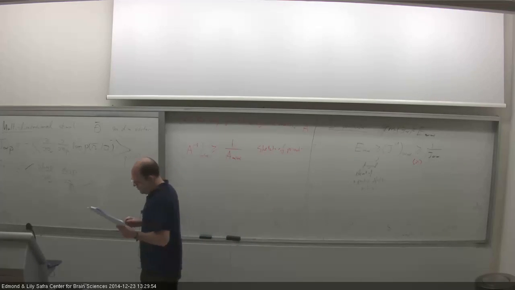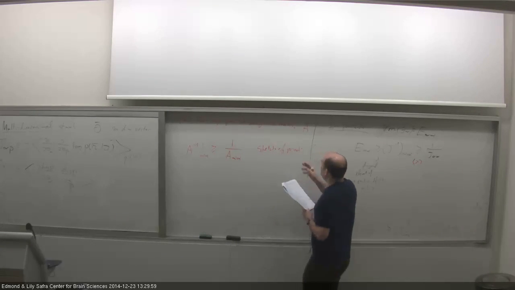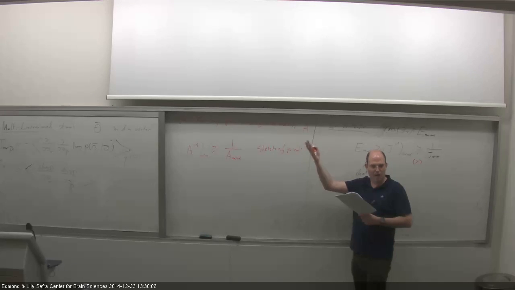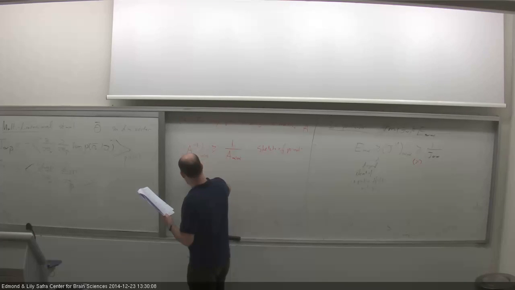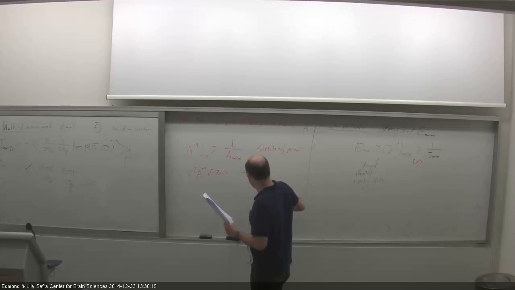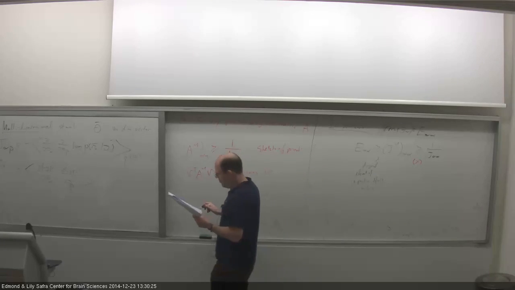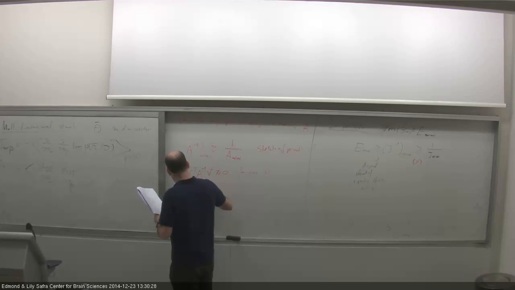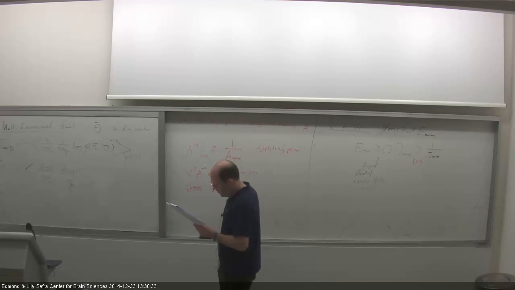So the fact that A is positive definite means that A minus 1 is also positive definite. And the fact that A minus 1 is positive definite means that for any vector V, V transpose A minus 1 V is at least equal to 0 for any choice of the vector V. And I will choose a very specific form of V, because it will yield the conclusion that I want.